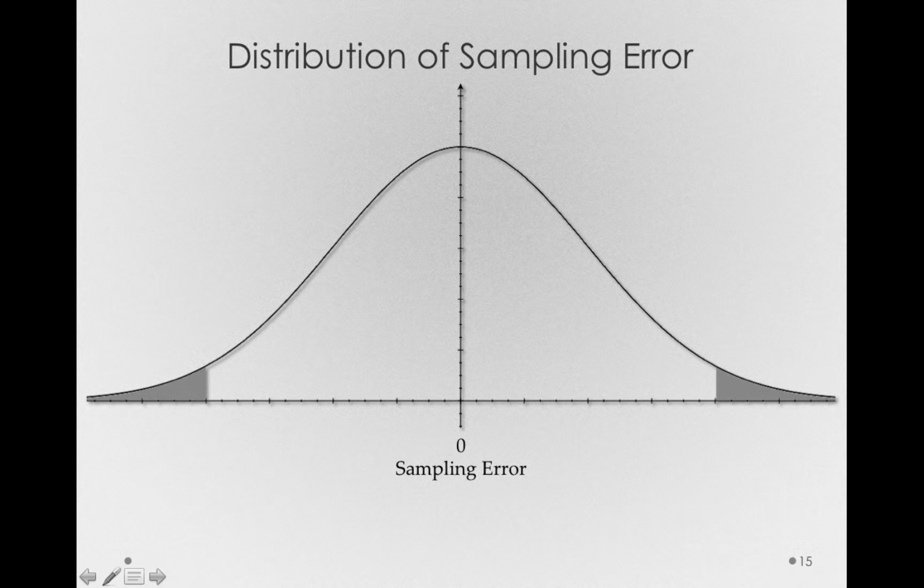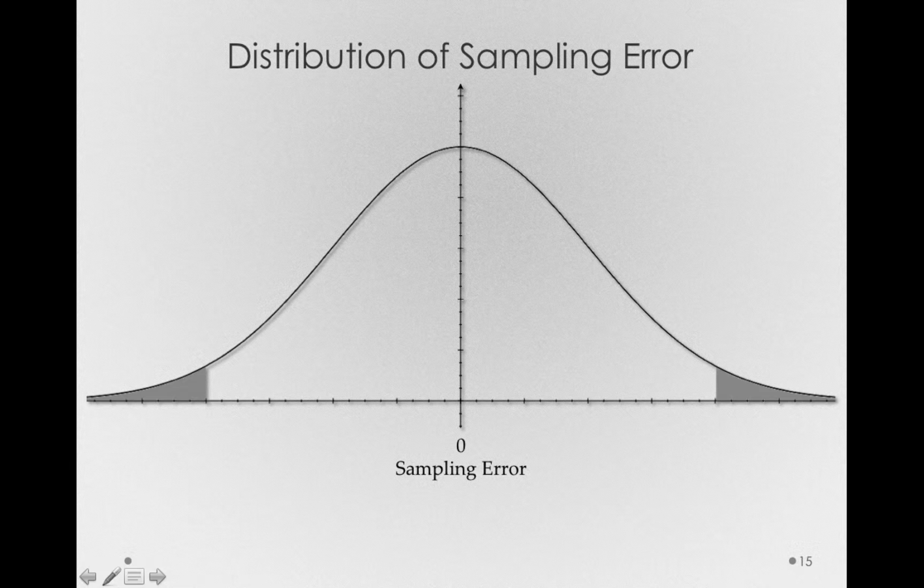When we're flipping coins 100 times, we don't expect, if we simply add up the number of heads, that we'll get all heads. That would be an extreme amount of sampling error. Similarly, getting no heads if we flipped 100 coins would be an extreme amount of sampling error. So there are regions where we don't expect an extreme amount of sampling error.